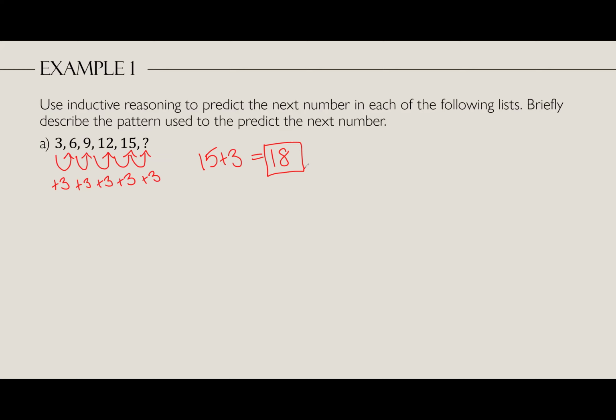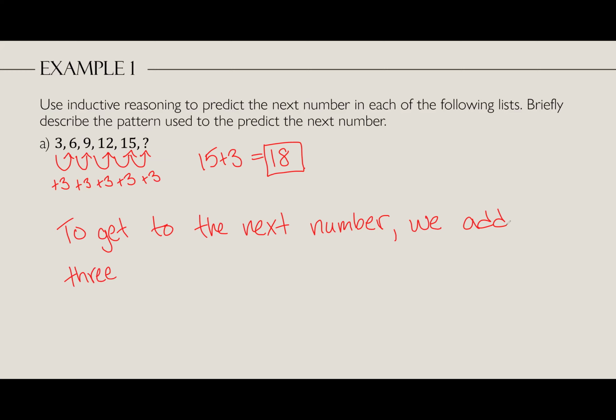In other words, we're going to use some proper sentence structure to explain what we're having, not just writing what I have on screen, plus 3. So how do I write that? Well, one way I can write this is: to get to the next number or value, whatever wording you want to use, we add 3 to the value.